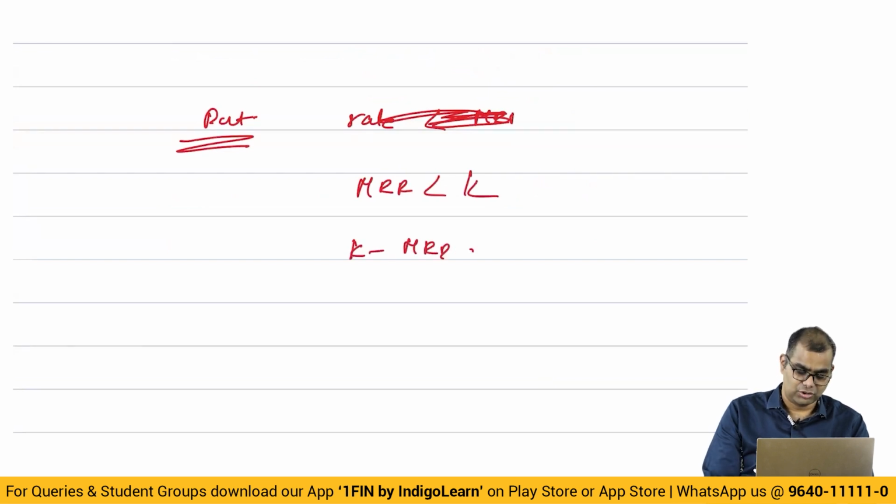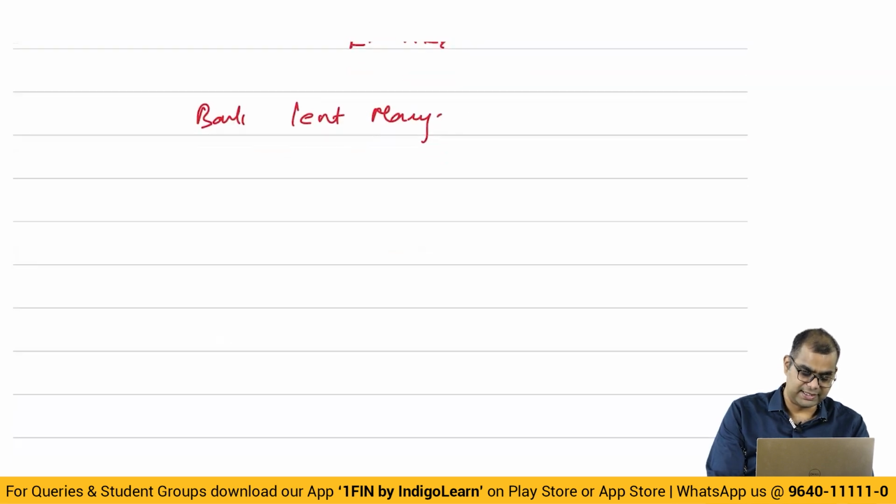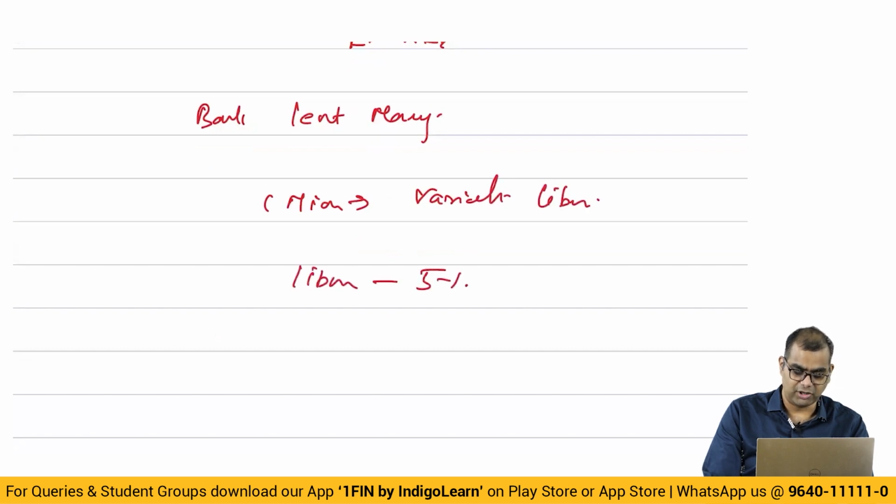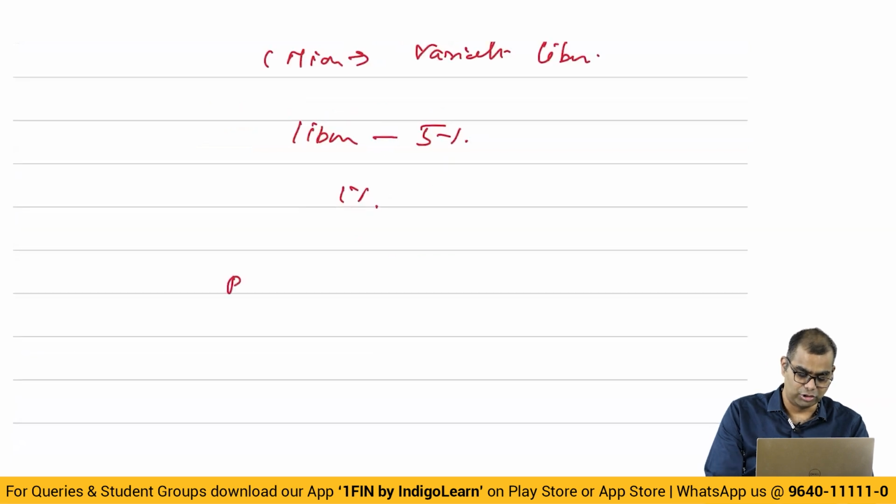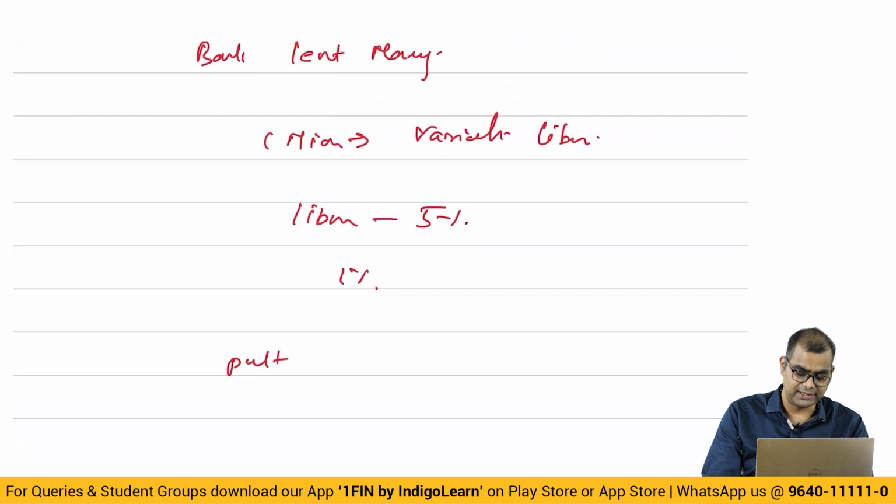So think of a bank which has lent money. Let's say they have lent 1 million at variable rates, let us say at LIBOR. Now LIBOR, when they lent, was 5%. Suddenly LIBOR has crashed to 1%. They are going to lose interest income. So they will enter into a put contract, which ensures that whenever the interest rates fall below 5%, they will get 5% minus 1%.